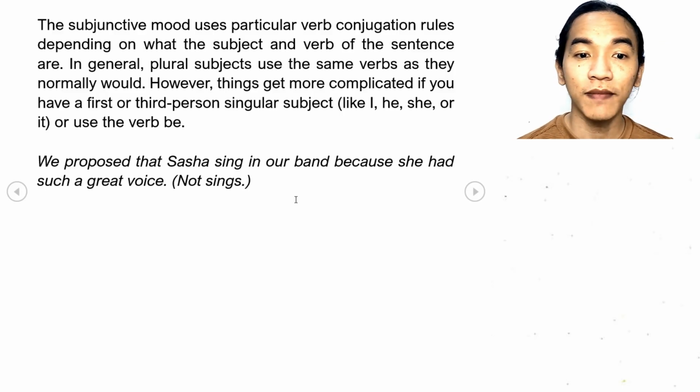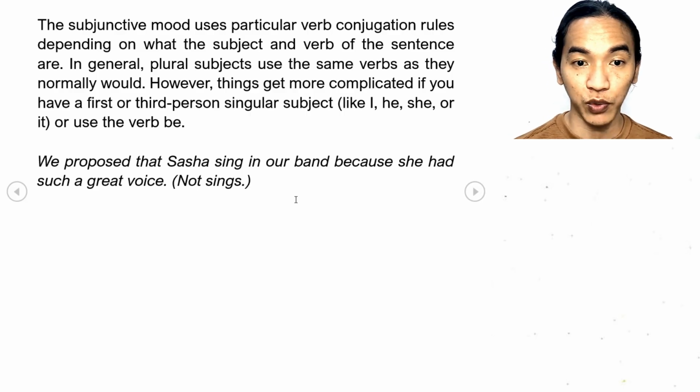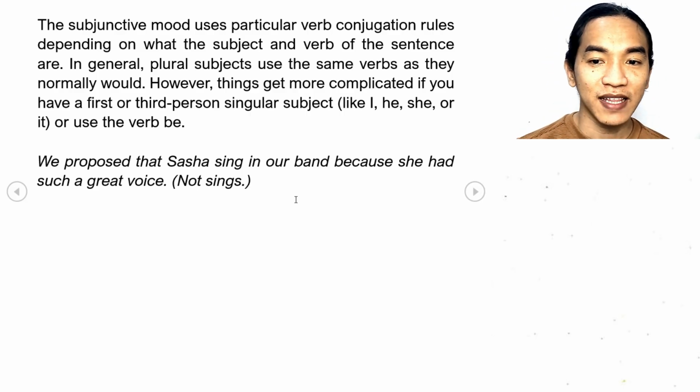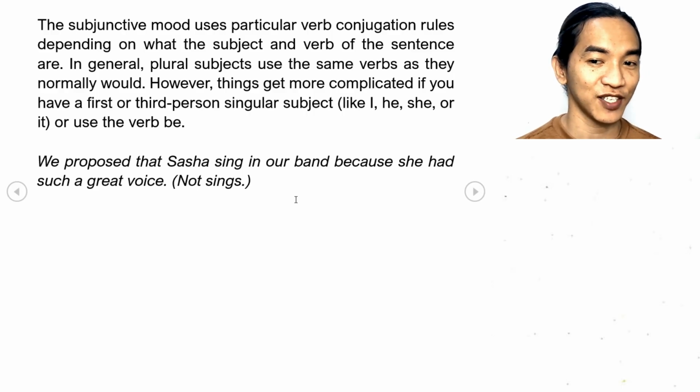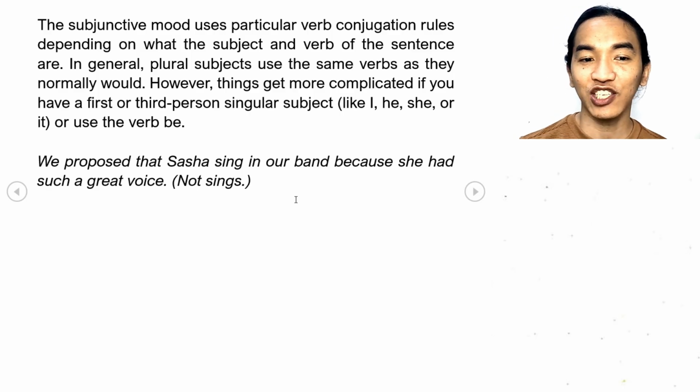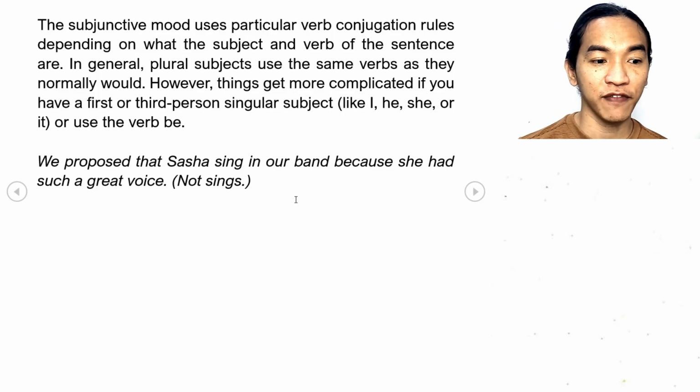In general, plural subjects use the same verbs as they normally would. However, things get more complicated if you have a first or third person singular subject like I, he, she, or it, or use the verb be.